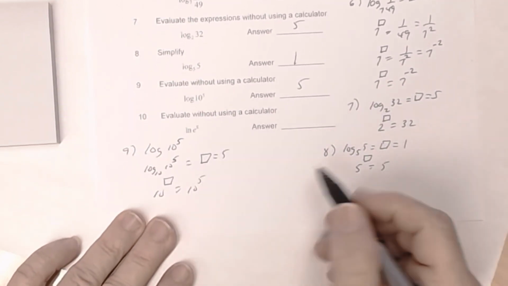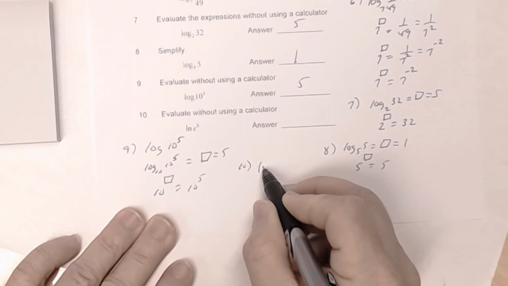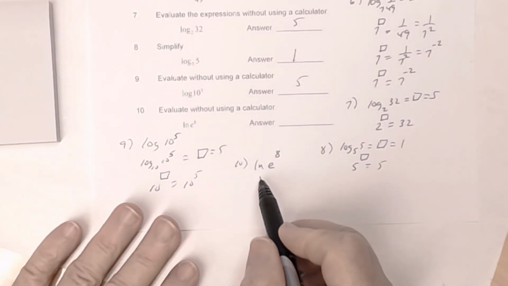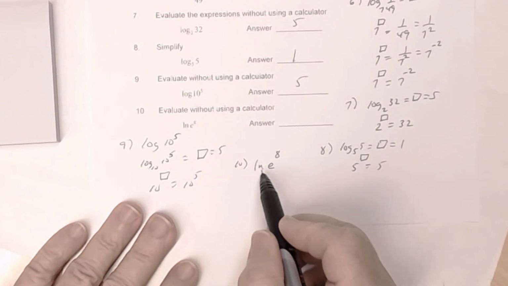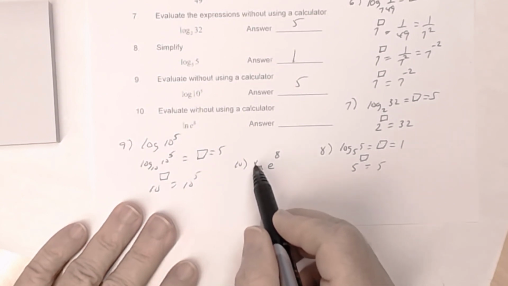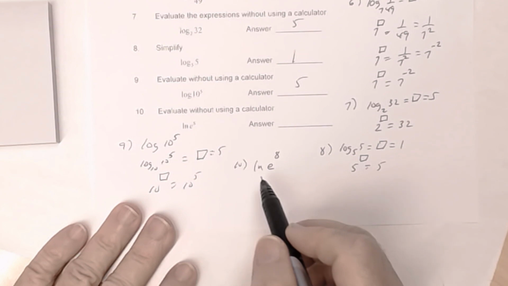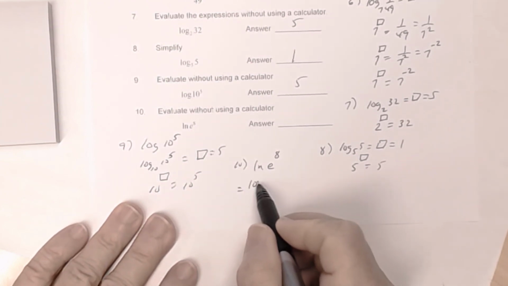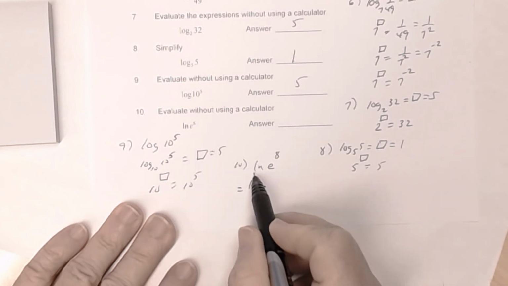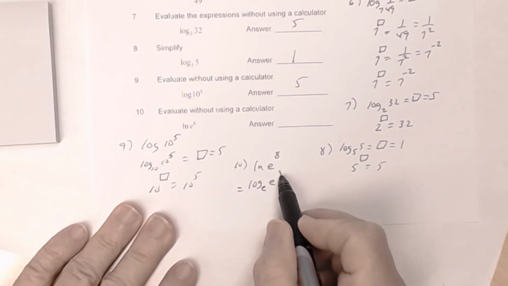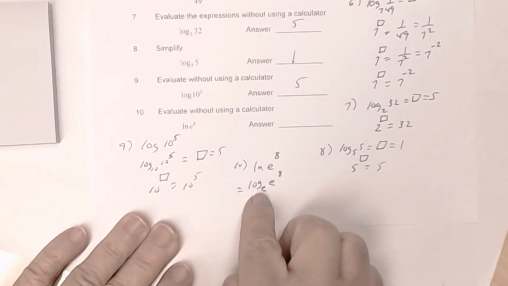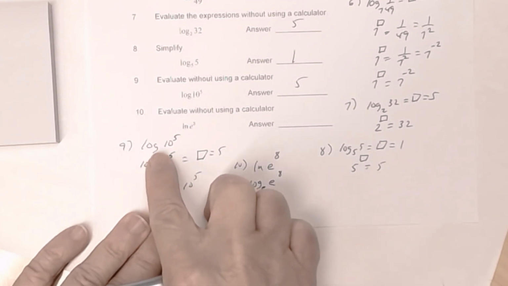And then in number 10, you have the natural log of e to the 8th power. Now remember, this is called the natural logarithm. Natural log has base e. So you can rewrite this as log base e. So now you have natural log of e to the 8, which is the same thing as log base e of e to the 8. And that's going to work out just like number 9.